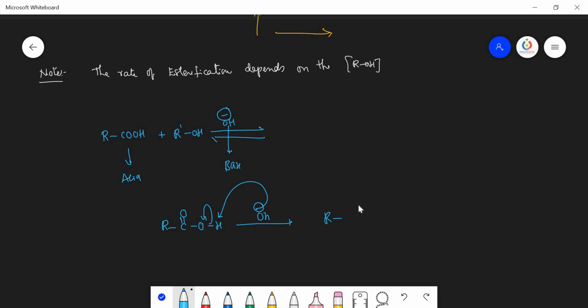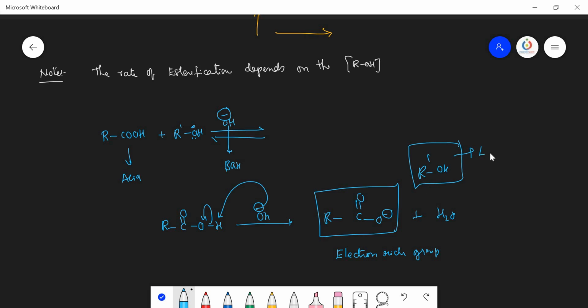So what we get is the carboxylate ion, and an H2O molecule is formed. Now this carboxylate ion has a negative charge, so it is an electron rich group now. And alcohol is also a nucleophile, which has more electrons. So if you take the alcohol, this is also an electron rich group.